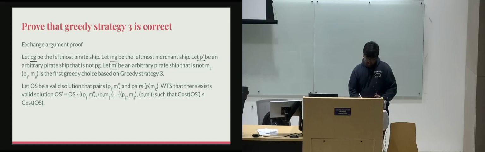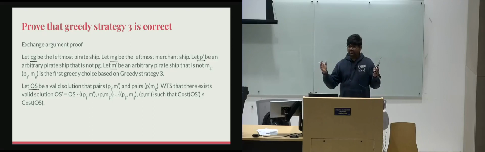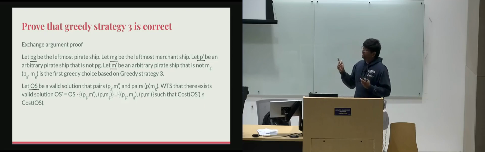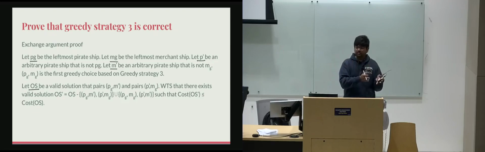And let's say OS is any optimal solution that you can get here. Basically OS is the minimum possible sum of the differences that you can get. It can be any arbitrary solution. The thing about this OS is we don't exactly know what it is. We just know it will give you the minimum possible solution. Got it?